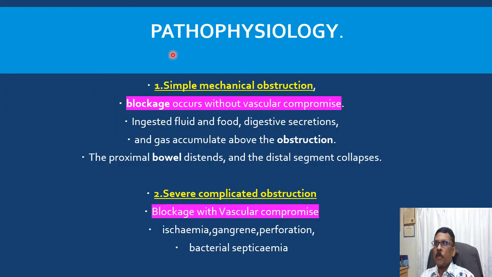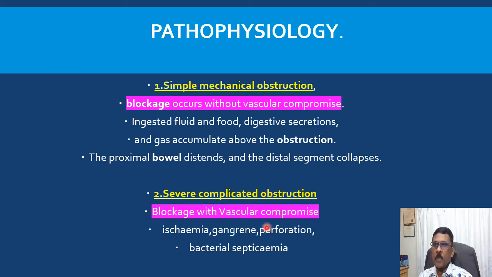As we continue into the pathophysiology of intestinal obstruction, there are two types of obstruction. One is simple mechanical obstruction, where there is blockage, but there is no vascular compromise of the intestine. The second is severe obstruction with blockage and vascular compromise.